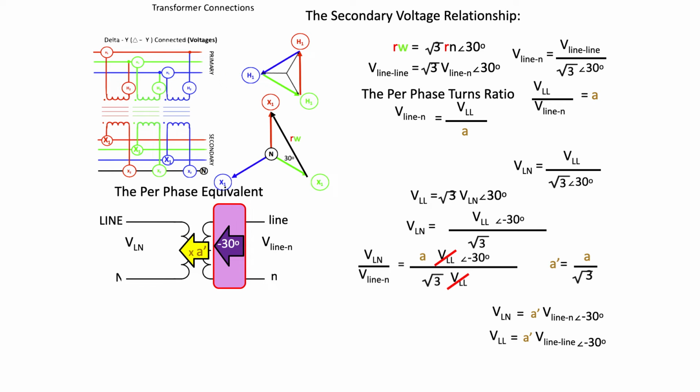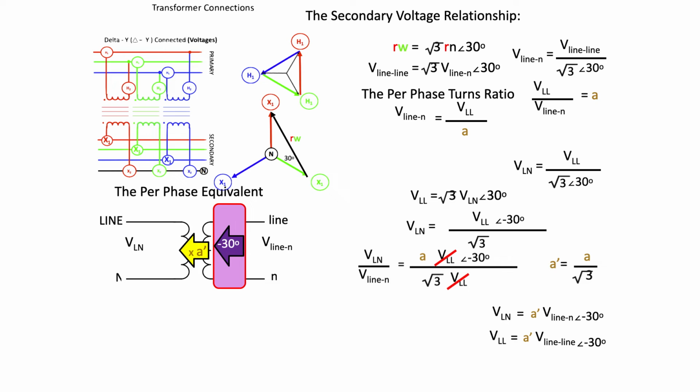In other words, if I'm given the secondary voltage, I have to multiply by the turns ratio A primed in order to get the primary voltage, and that's what's indicated with the yellow arrow there. Now remember, the A primed is a ratio of the regular turns ratio of the individual transformer windings divided by root 3.